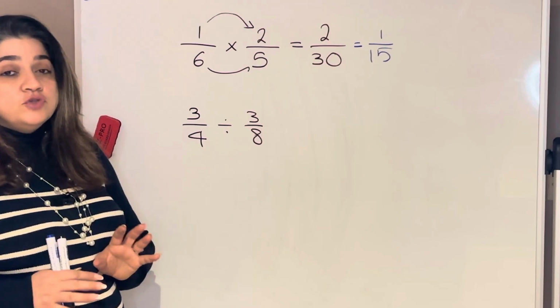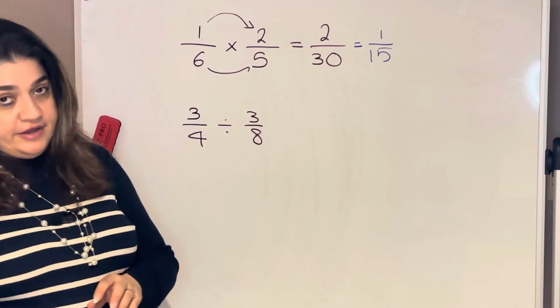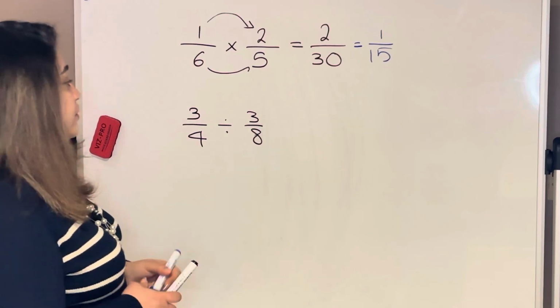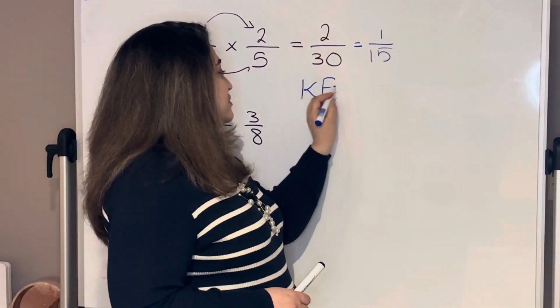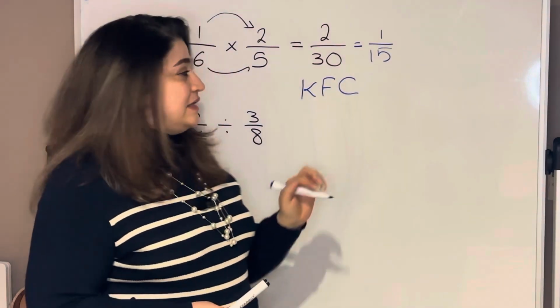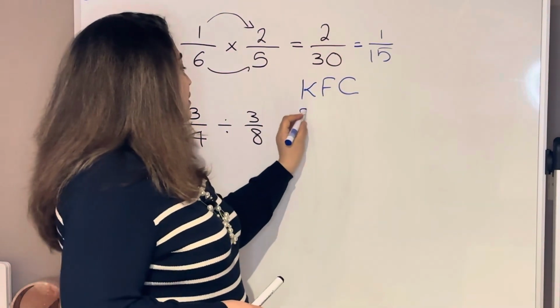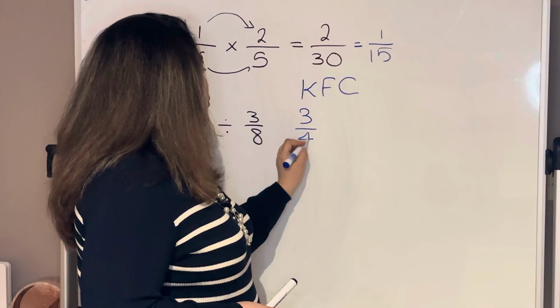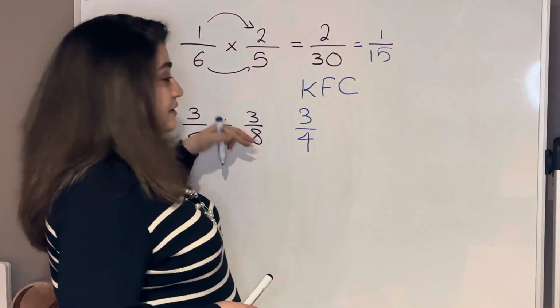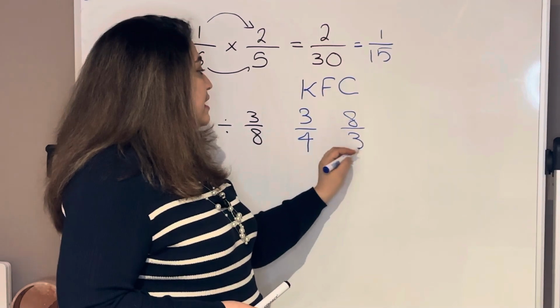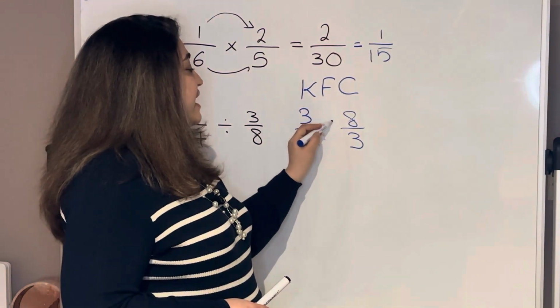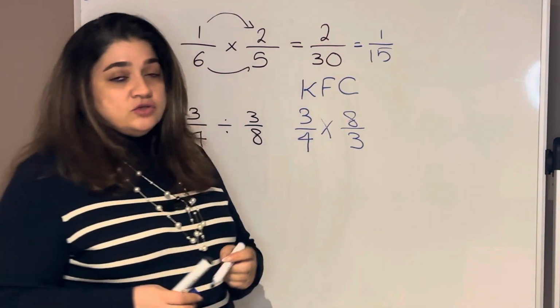You have to change division to times. How? In school we use KFC. We say keep the first one, 3/4, flip the second one, it means 8/3, and C means change divide to times.